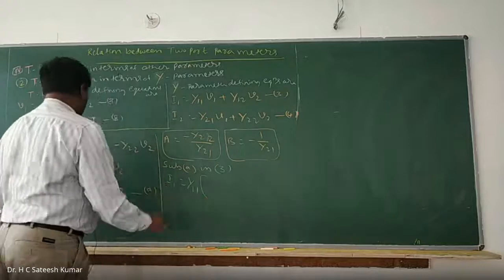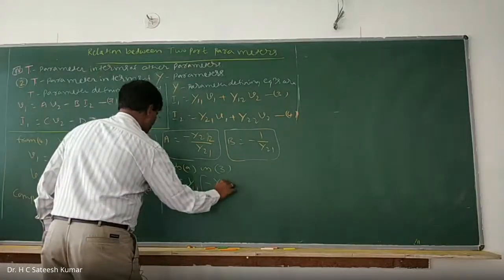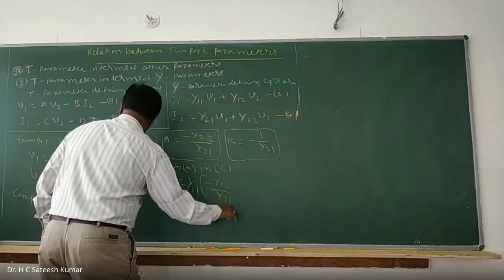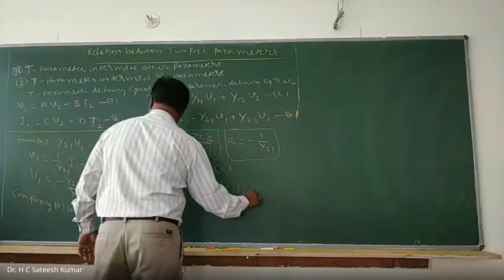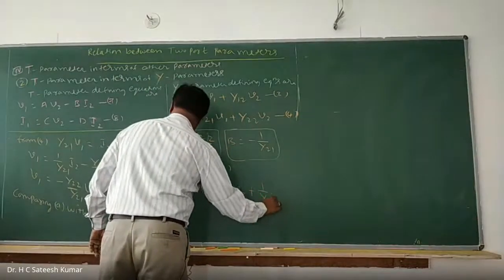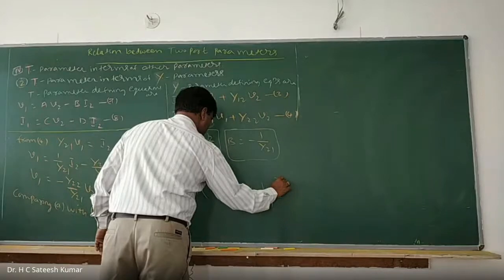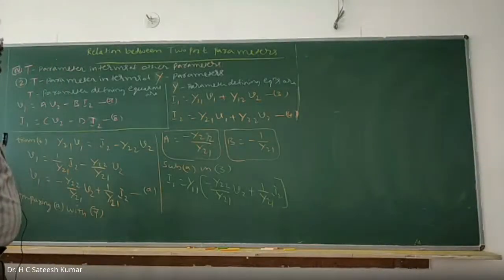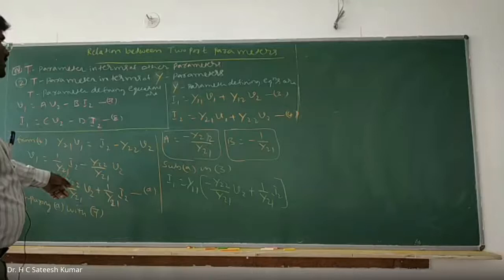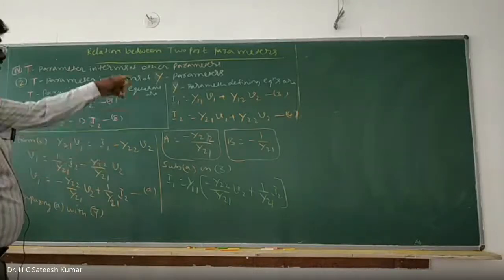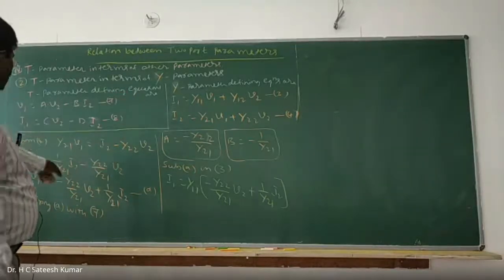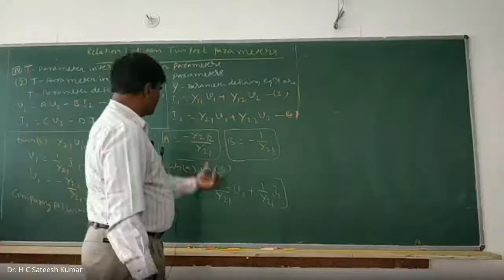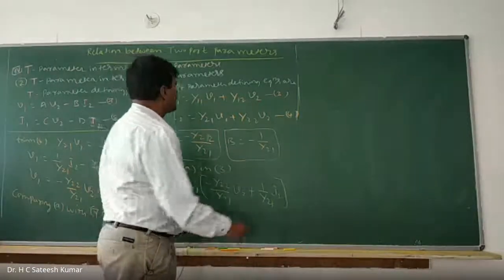V1 is minus Y22 by Y21 into V2 plus 1 by Y21 into I2. So that is your I1. So then what do we have? I1, we are substituting V1 in this place and plus Y12 into V2.